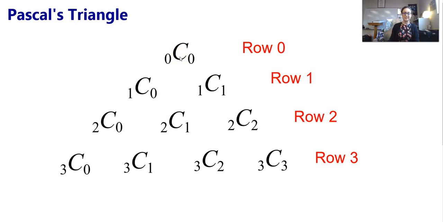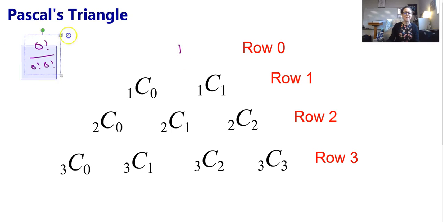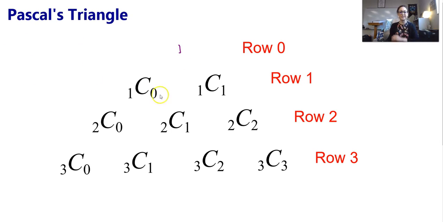So let's find some of these values. 0 choose 0, by definition, that's 0 factorial over 0 minus 0 factorial times 0 factorial. And 0 factorial was what again? That was 1. So I've got 1 over 1, which is 1. So I'm going to take this and replace it with a 1. All right. Let's do the next row.